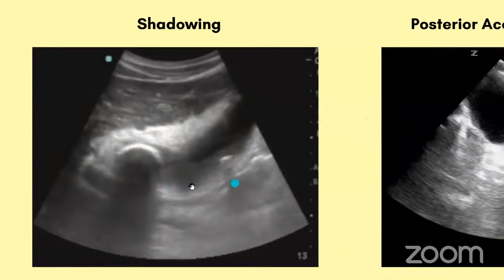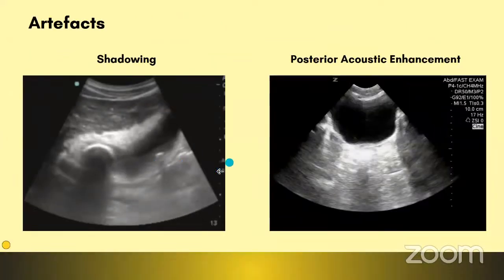Similarly, we also have air-filled spaces, for example, pneumothorax.